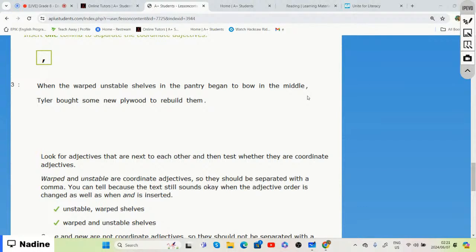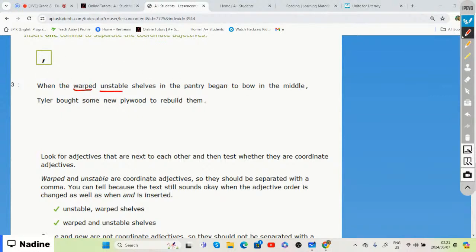So we are now going to identify the two words within that sentence that we would say are the adjectives. Then we would say it is warped, unstable. All right, so those are the two adjectives that are next to each other. And remember, for these two adjectives next to each other, we now need to test to see if this is a coordinate adjective.